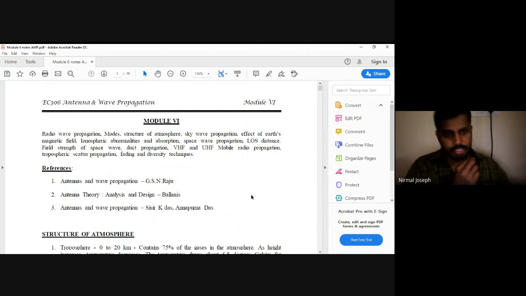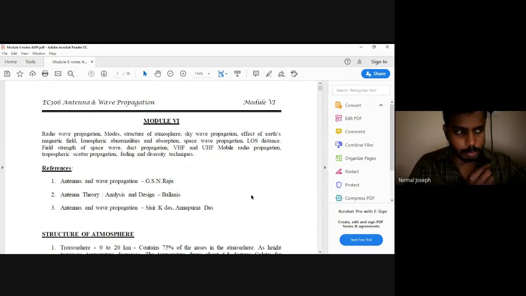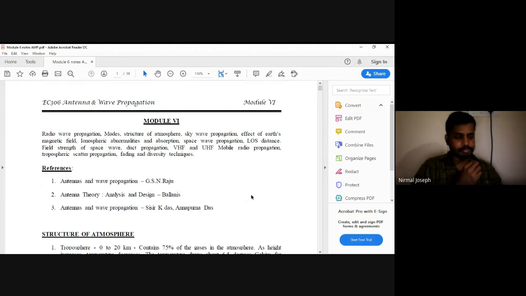There are mainly three modes of propagation. All these modes of propagation we are doing with the help of radio waves, so radio waves can propagate in all these three formats.